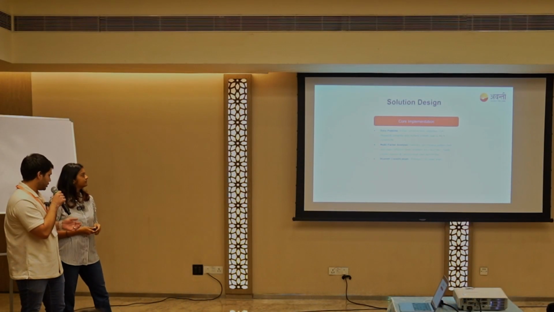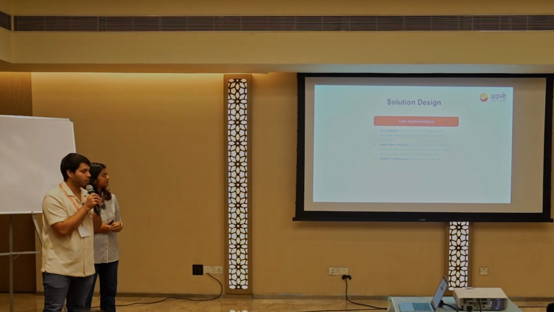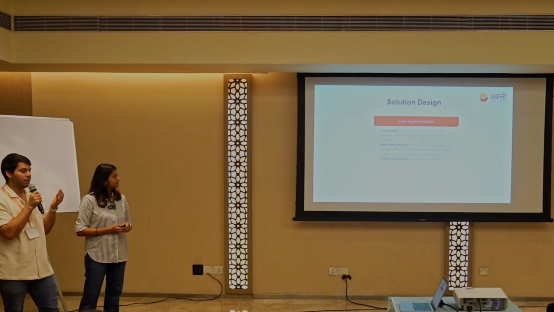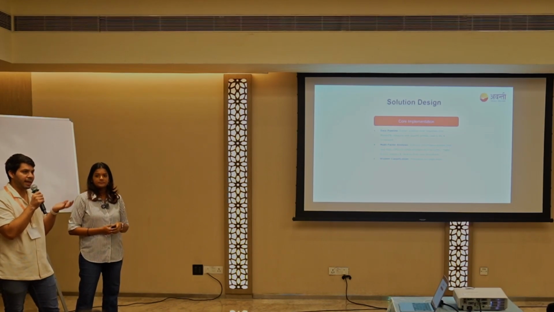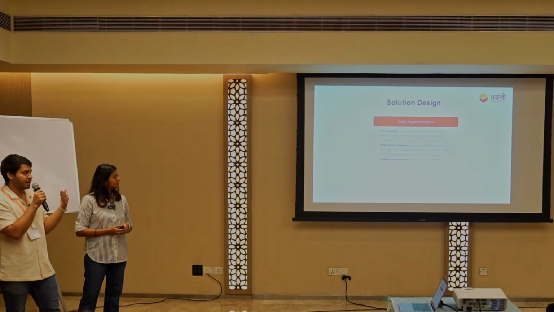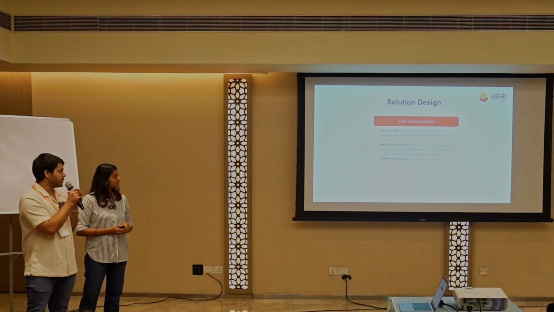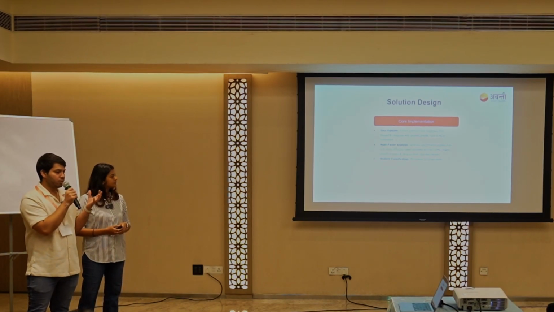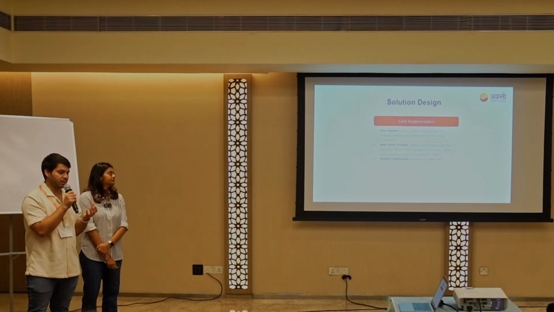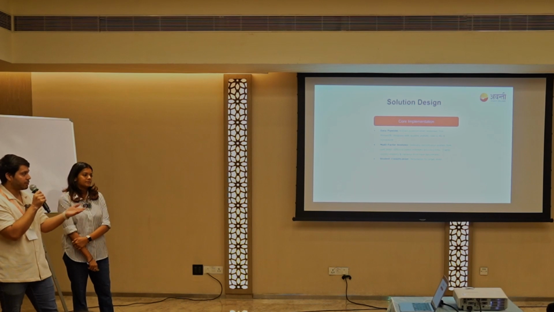I'll talk about the solution design quickly. In this phase, where we want to build the recommendation engine, we have detailed data of students' previous test attempts. All the data is stored in separate databases, so we need to look at those schemas and extract the information we need to build the recommendation for the next test.